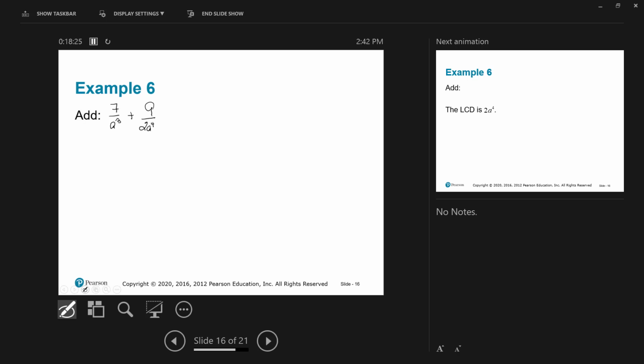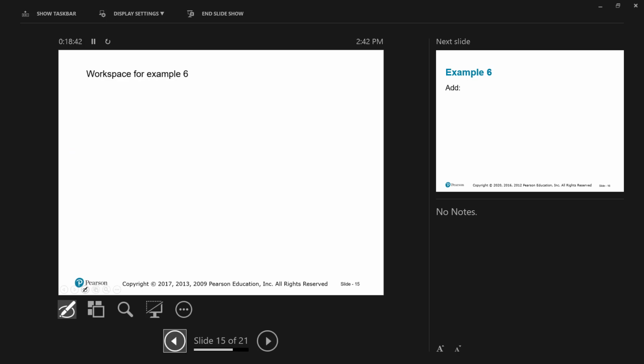Okay, so we're adding these two fractions: 7 over a to the third plus 9 over 2a to the fourth. What's our first thing we need to do? All right, first things first, we need to find a common denominator. So, that's what we need to find.